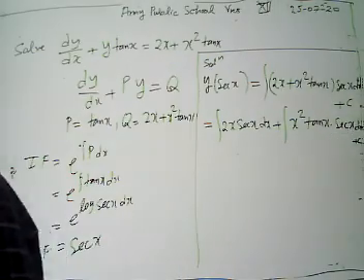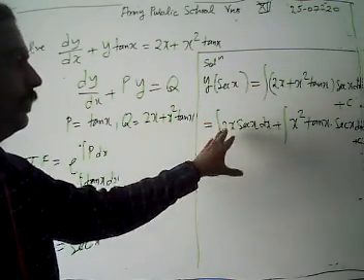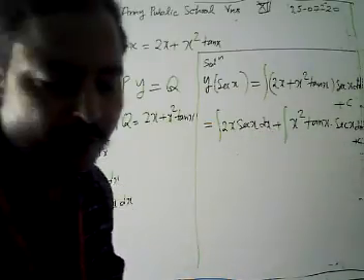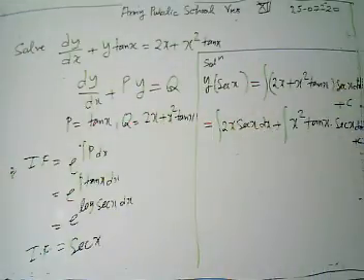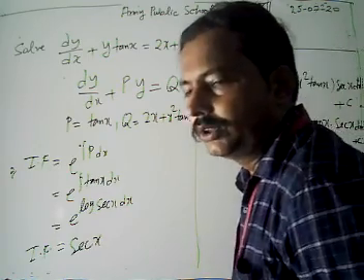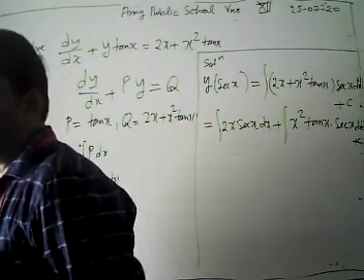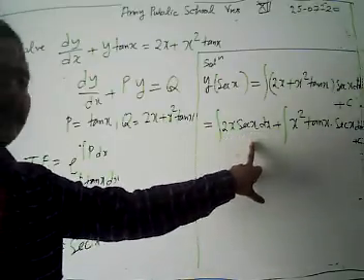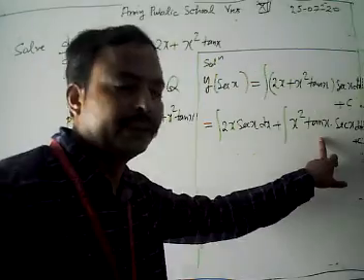Now look, it seems we have to integrate, and we have to use integration by parts two times, because here there is a first function and a second function, and here also a first function and second function.